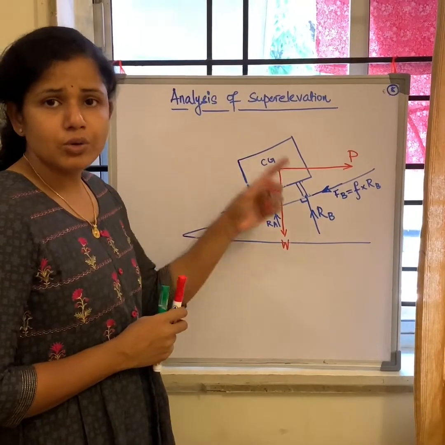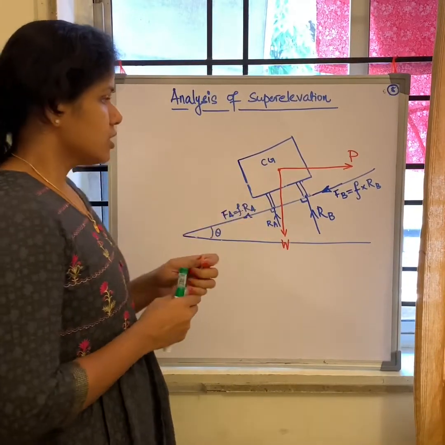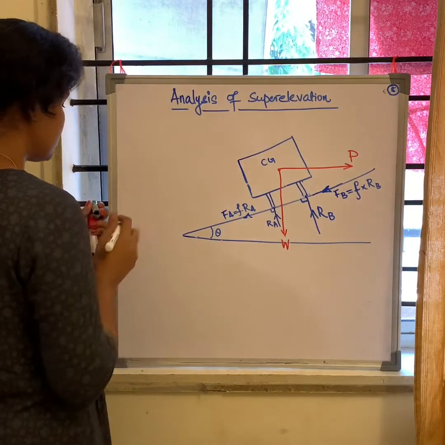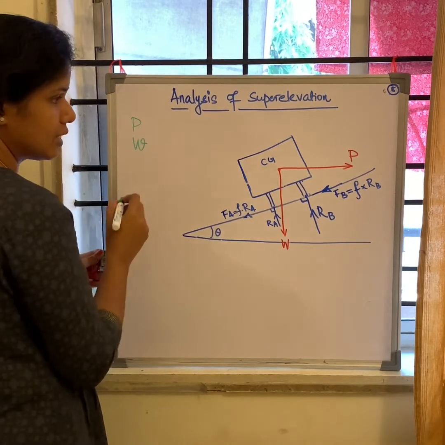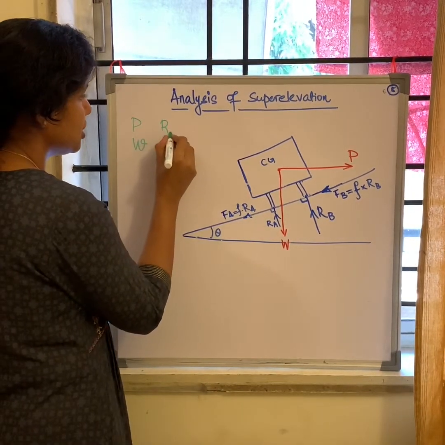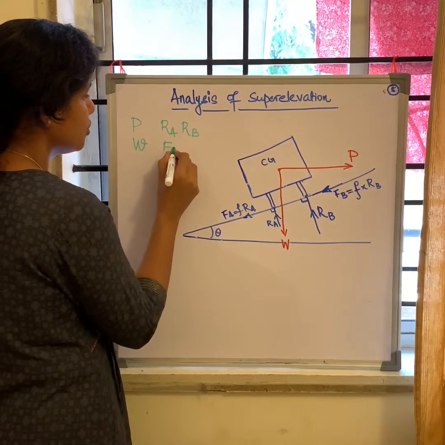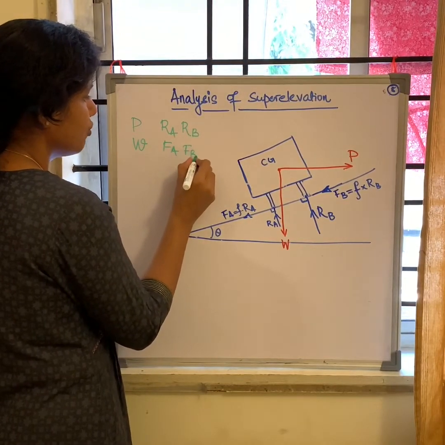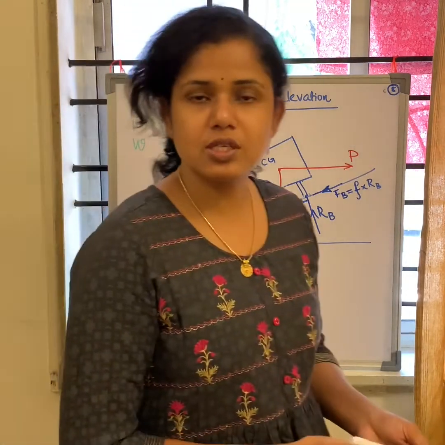So if you are looking at the sketch, you can understand that there are first the centrifugal force P and weight of the vehicle W, and the reactions RA, RB and the frictional forces FA, FB. Frictional force, reaction, weight and centrifugal force: these are the forces which are developing.